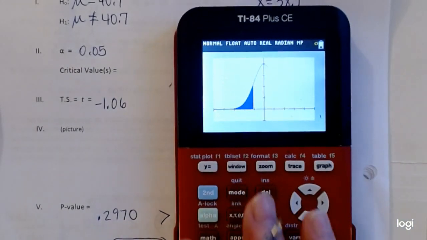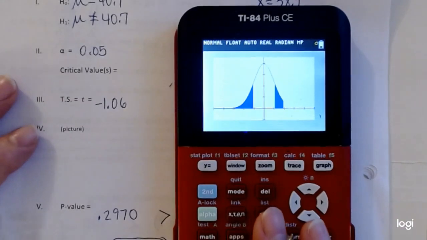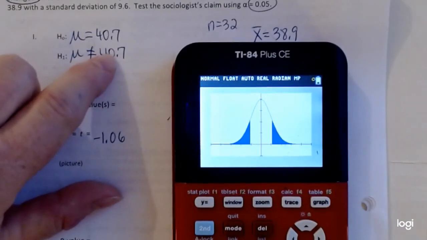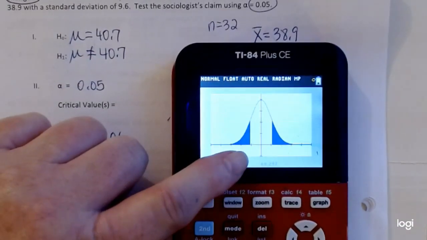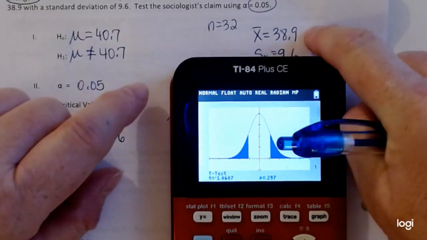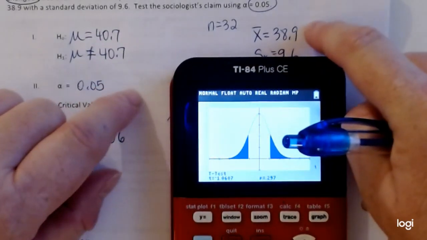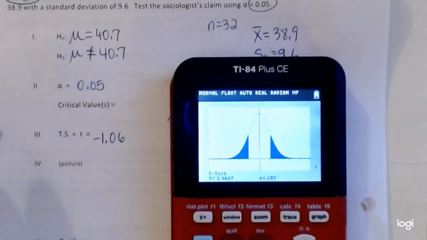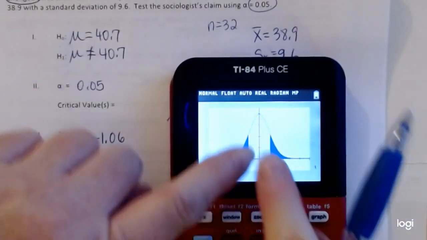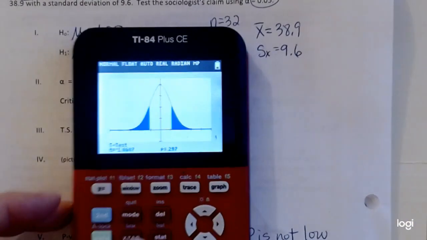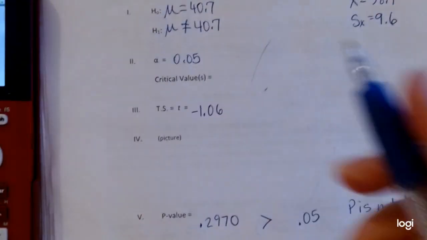So you can see from this the probability of getting the results we got, given that this is true, the probability is pretty high that we would get a sample with this, where the sample mean was this, even with this being true. So there's quite a bit of probability there, and it's a two-tail.